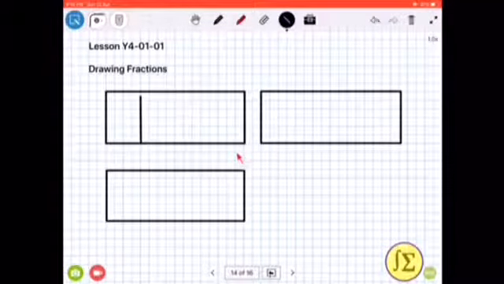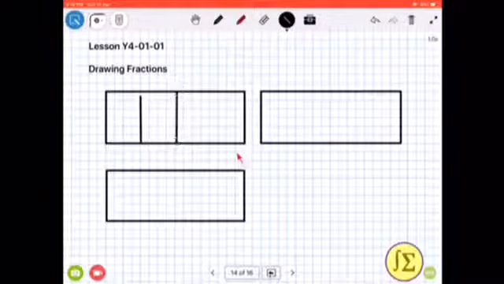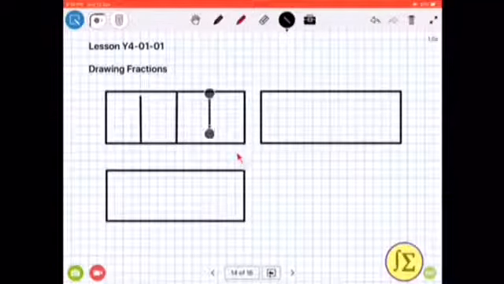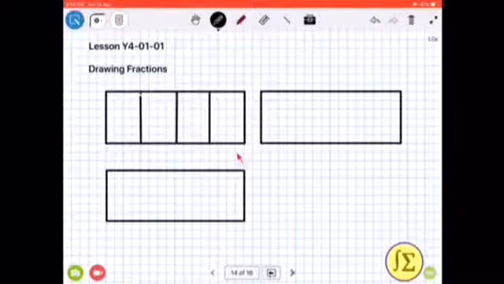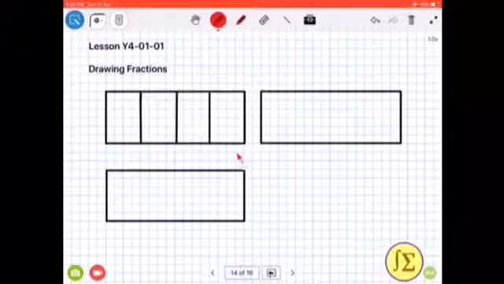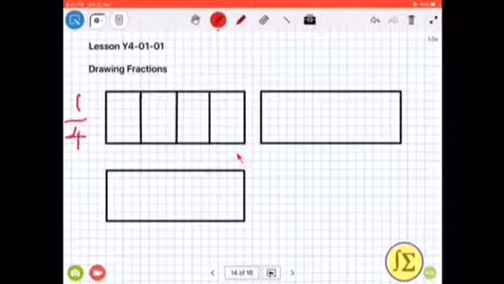First line, my second line, my third line. Okay, let me just adjust this here a little bit. All right, okay, so I've got a rectangle. I've divided them to 4 equal parts, and I'm going to show quarter, 1/4. So I shade one of it.